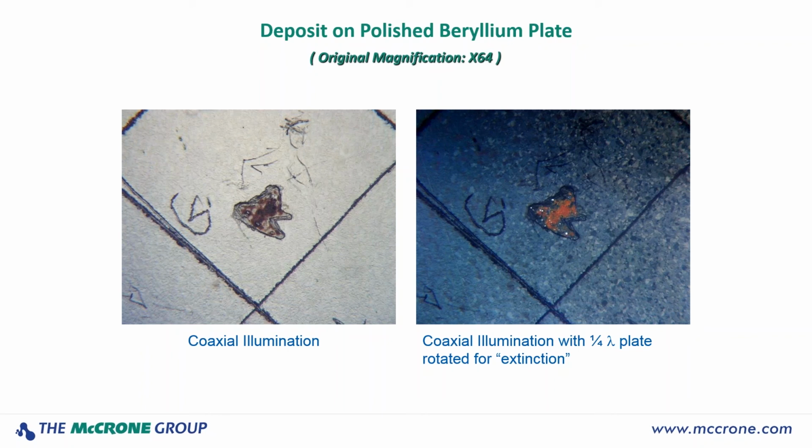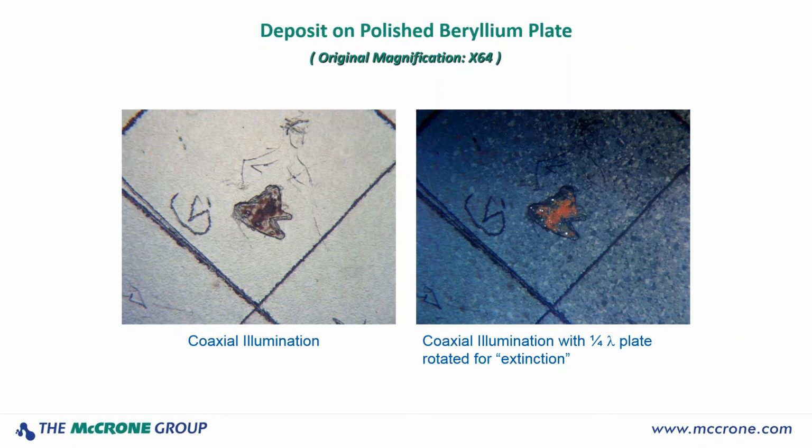It almost acts like a polarizing filter that I'll discuss a little bit later. But as it gets darker to its darkest point, then you can start seeing a lot of different structure in the samples. Look at the beryllium plate now. Now we can see the different shades of blue which are outlining the grain structure of the beryllium metal itself, something that you don't see with the regular coaxial illumination.